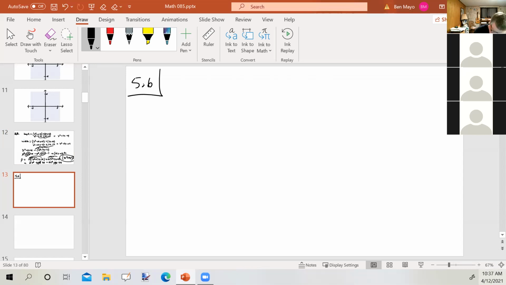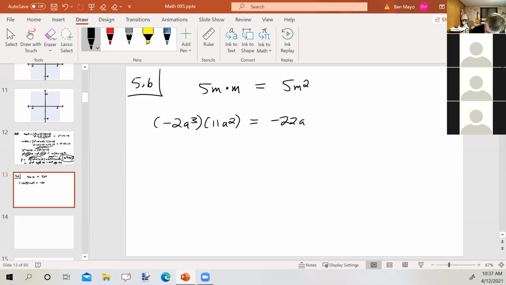Let's say I've got 5m times m. That would be 5m squared. Let's say I've got negative 2a cubed times 11a squared. That would be negative 22a to the 5th power.